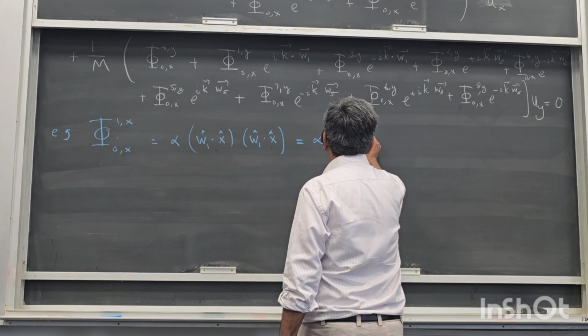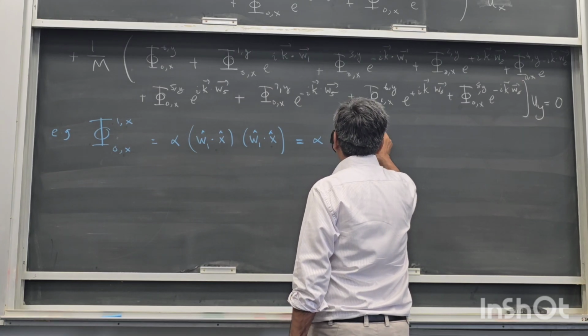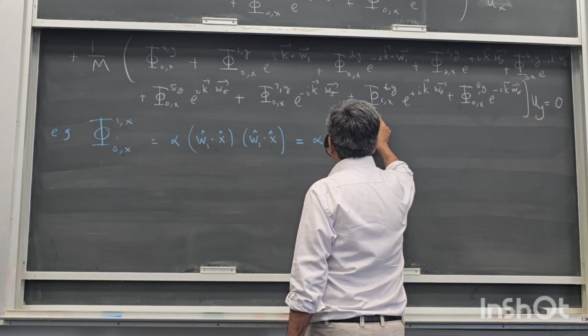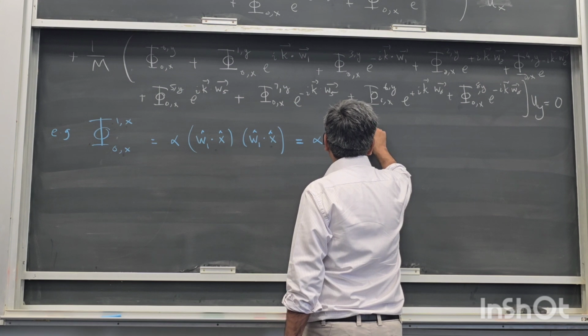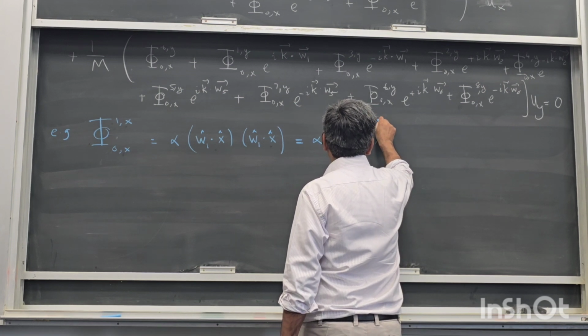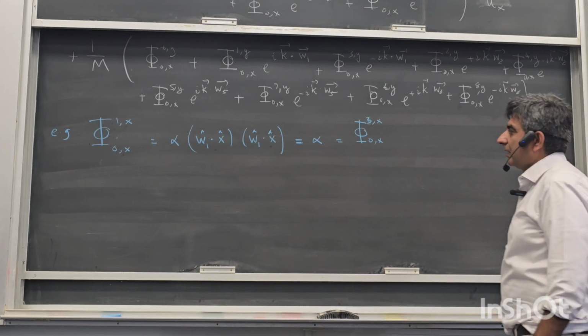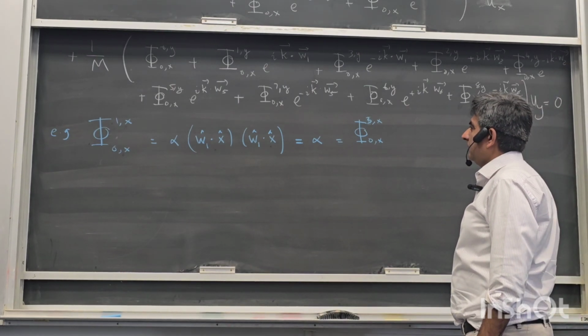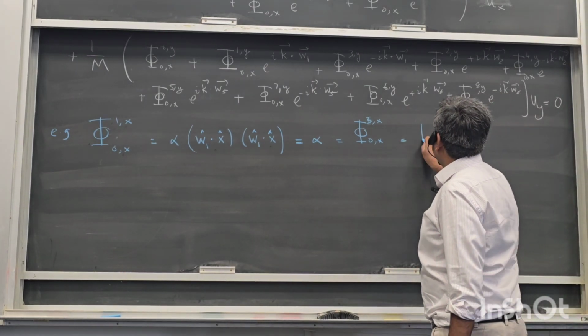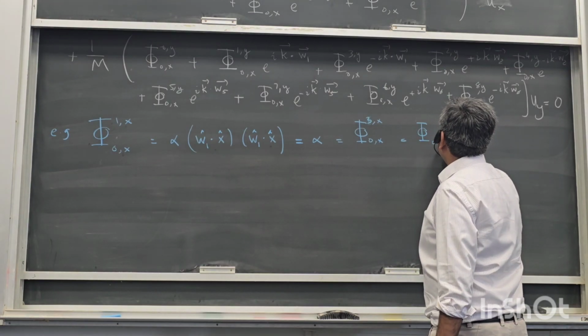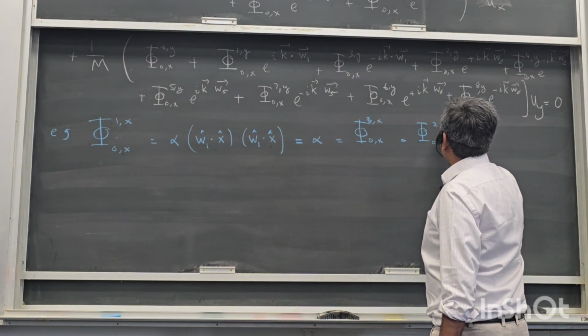Likewise, phi 0x and 1 or 3x is also the same. What about phi 0x and 2x?